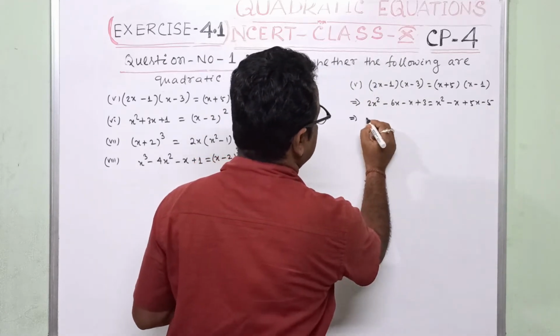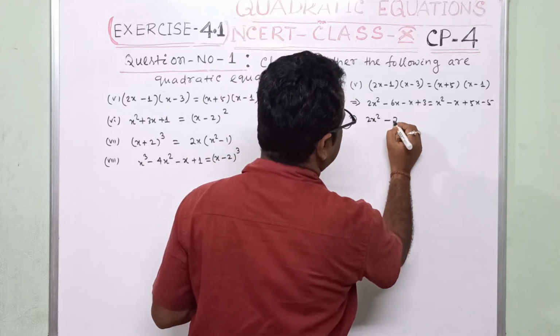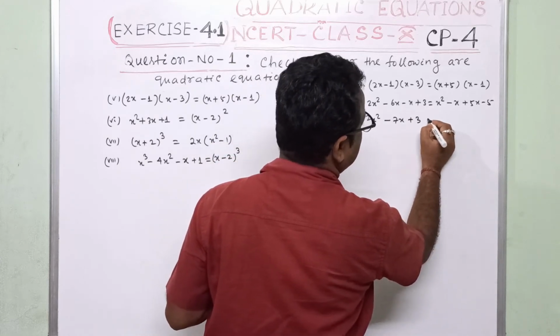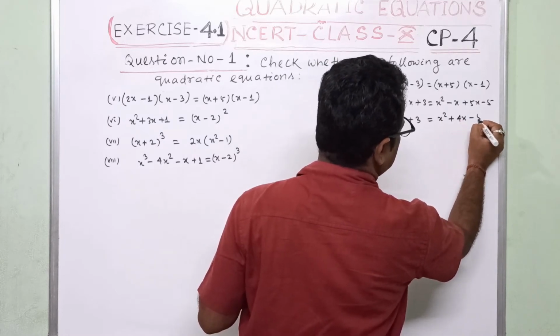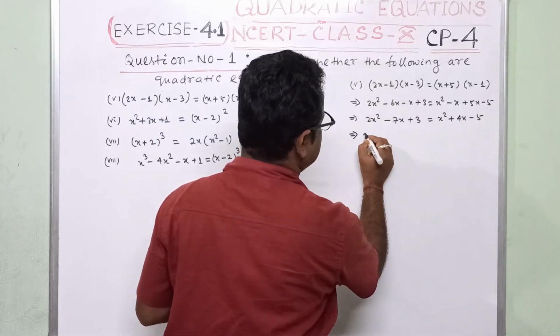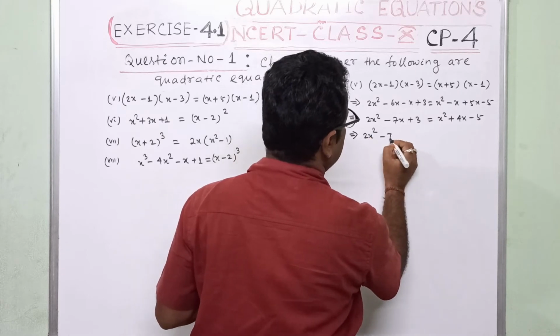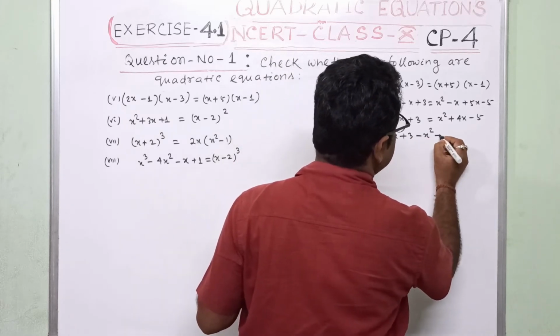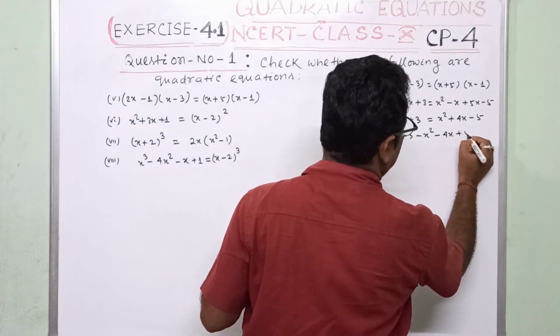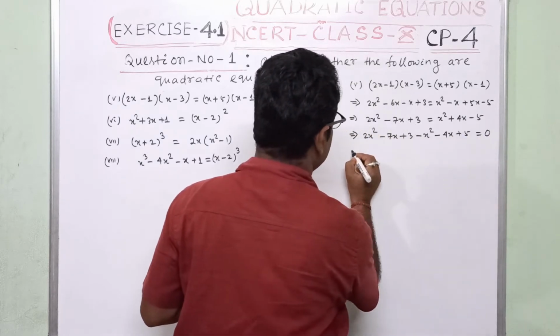That implies 2x square minus 7x plus 3 is equal to x square plus 4x minus 5. Now side change, sign change: 2x square minus 7x plus 3 minus x square minus 4x plus 5 is equal to 0.